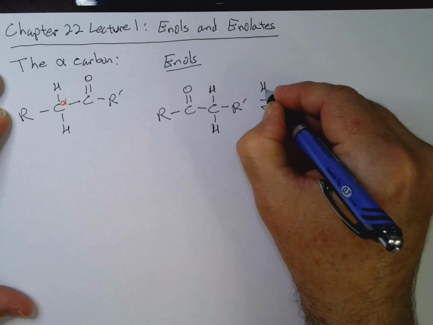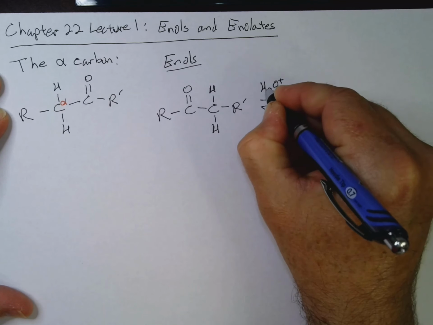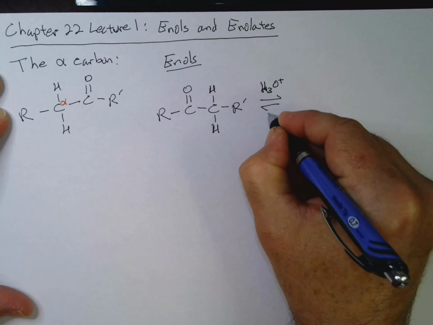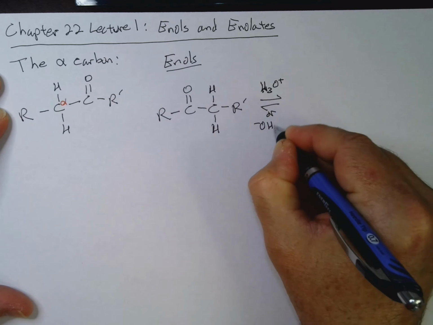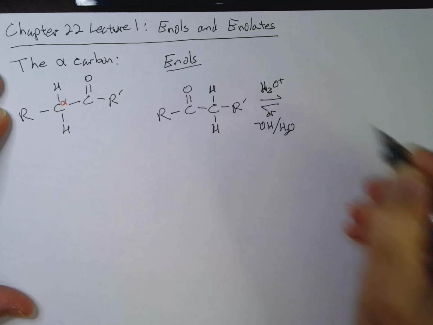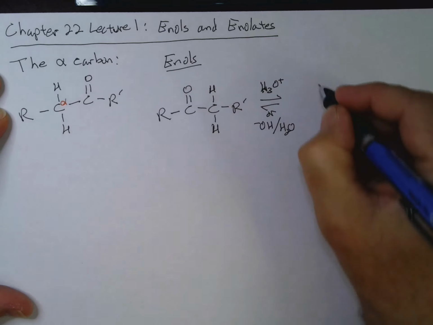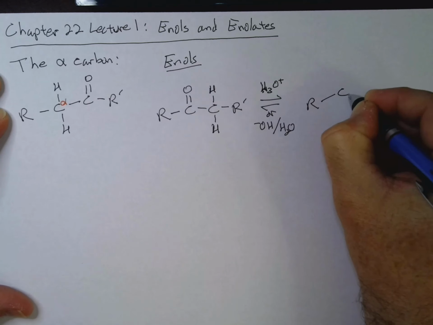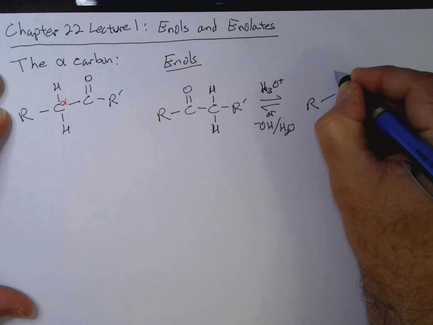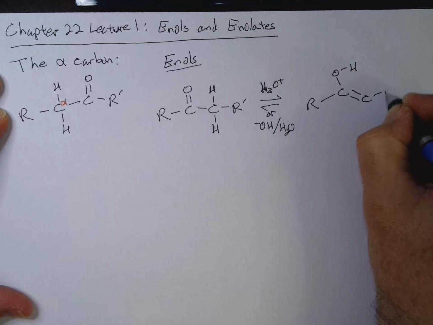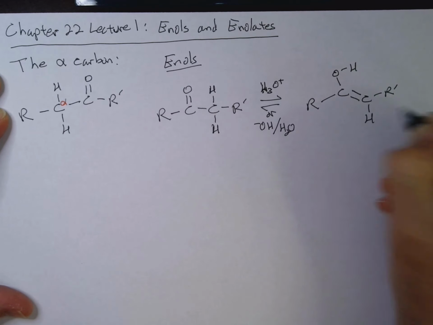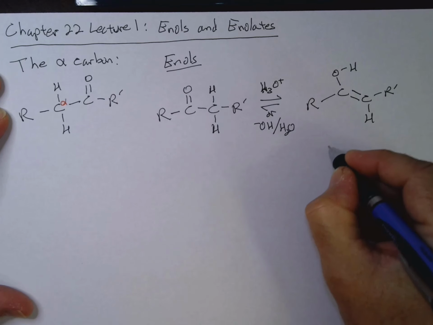In the presence of either acid, H3O+, or OH- and H2O, so either aqueous acid or aqueous base, we can get an isomerization to what we call an enol.